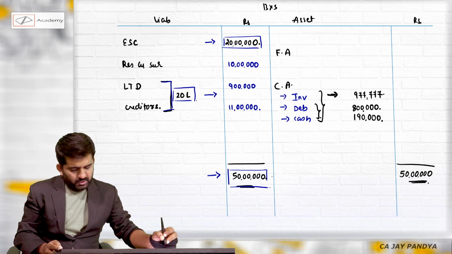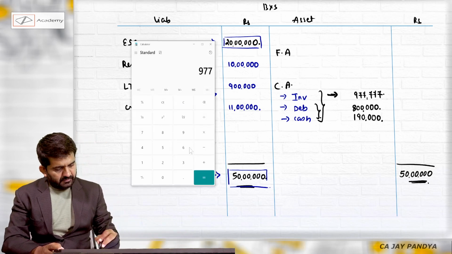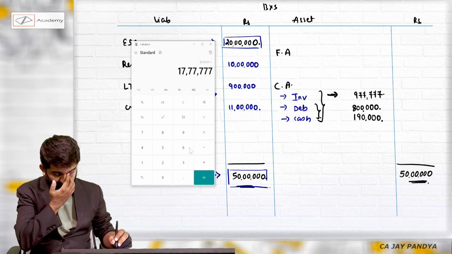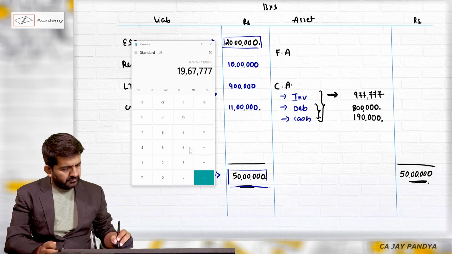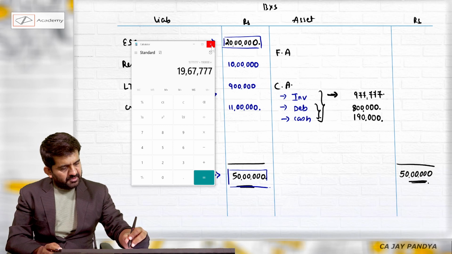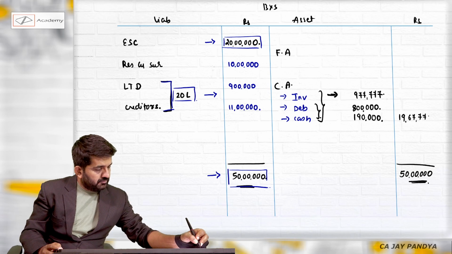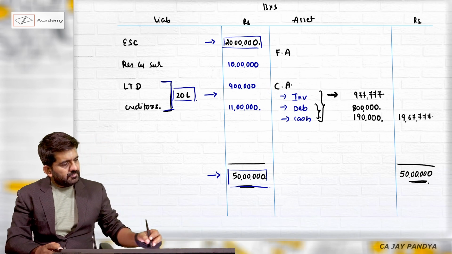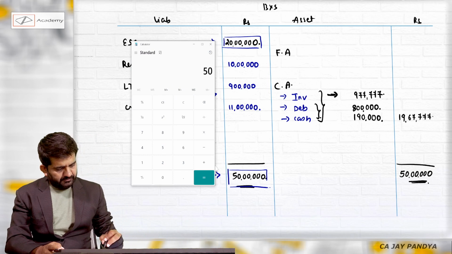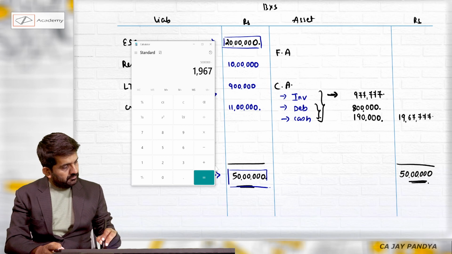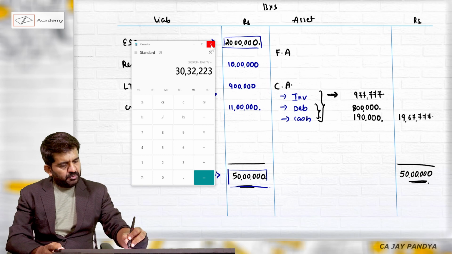So total of current asset will be 19,67,777. We will be getting the answer of even fixed asset: 30,32,223.